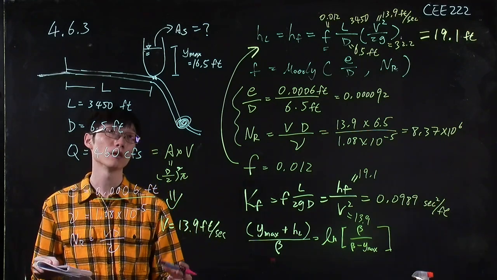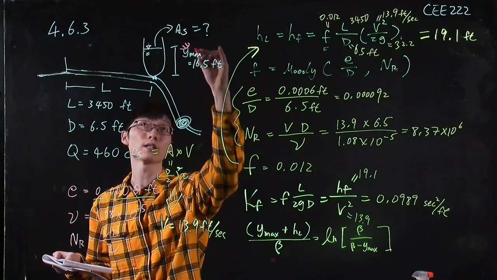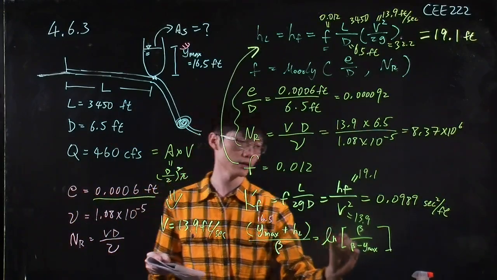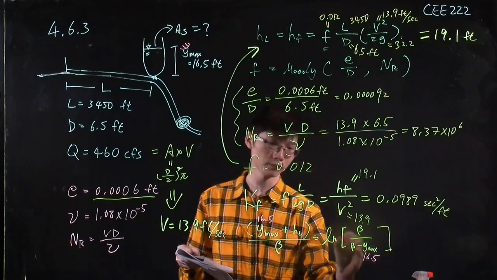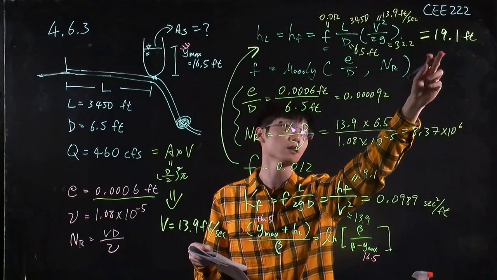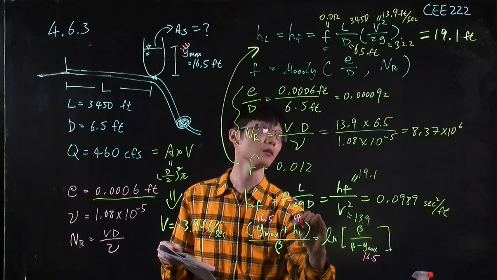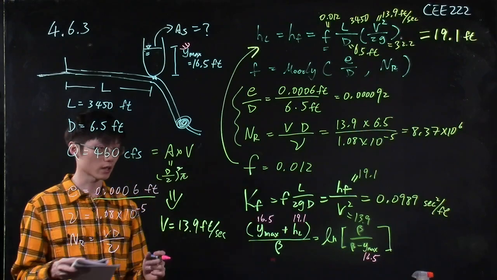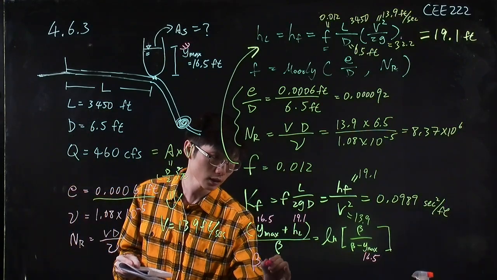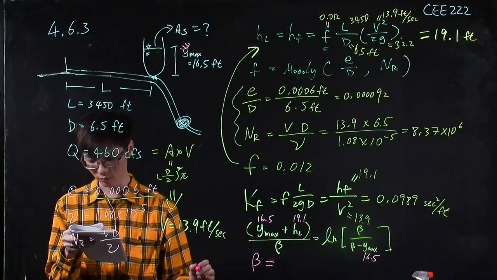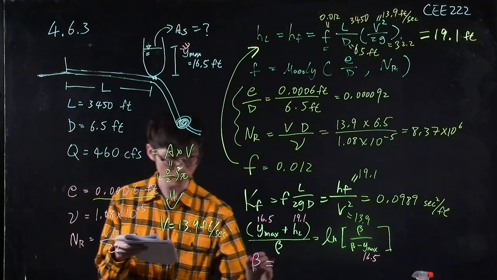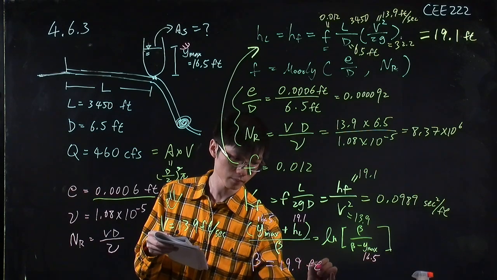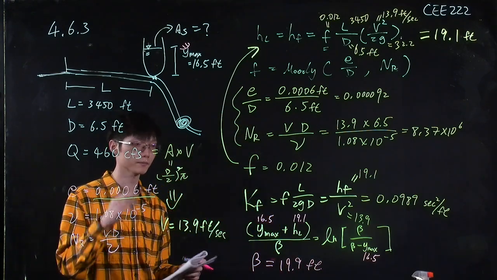We know Y max is equal to this value, so this is 16.5. And the head loss we have just calculated is equal to 19.1. So again, use your calculator. We can solve that beta is equal to 19.9 feet.